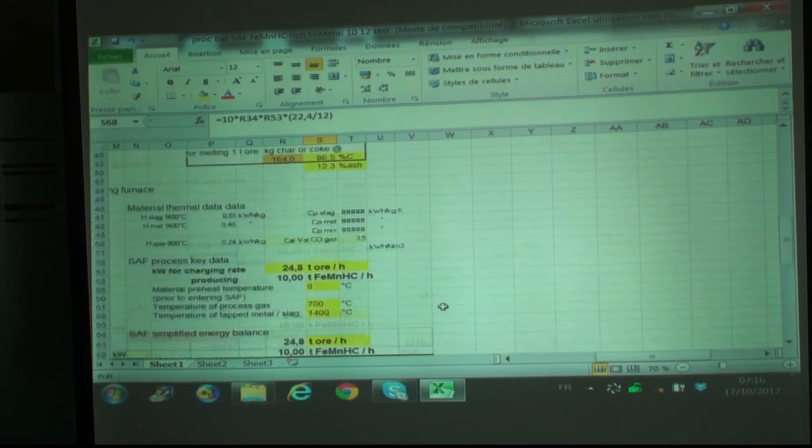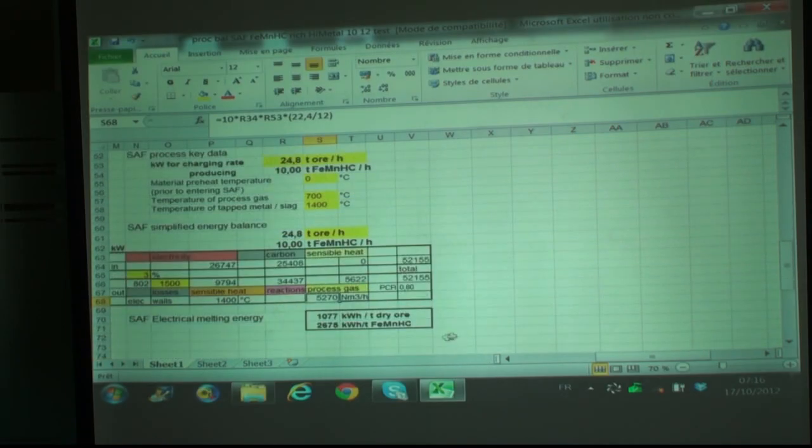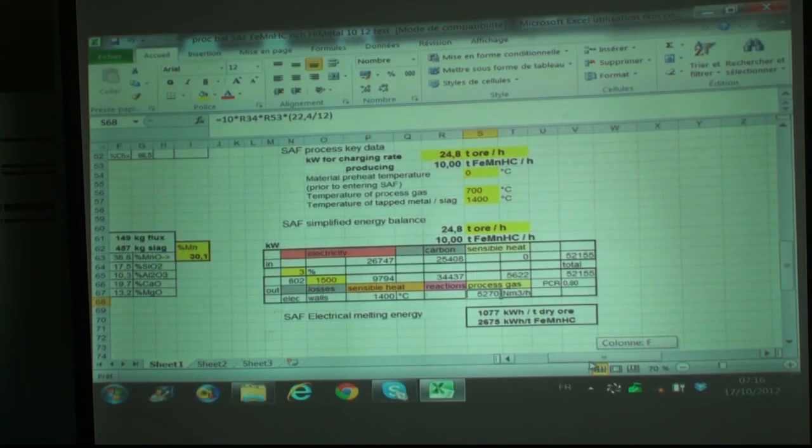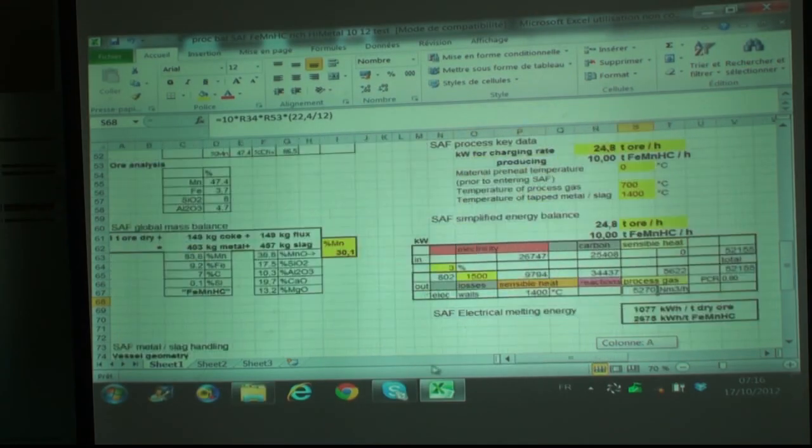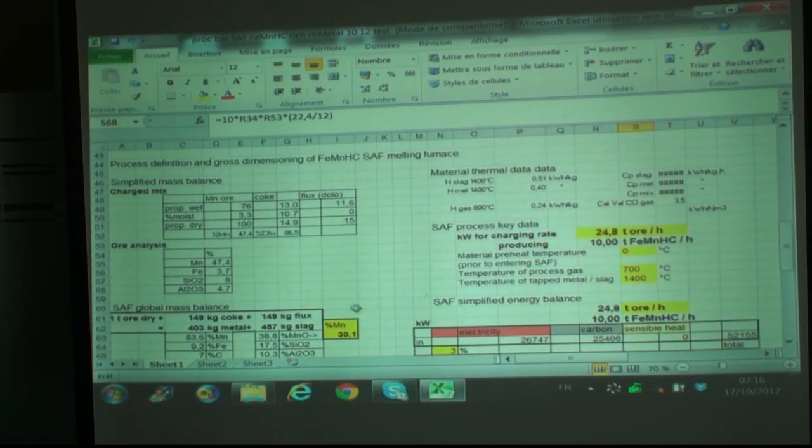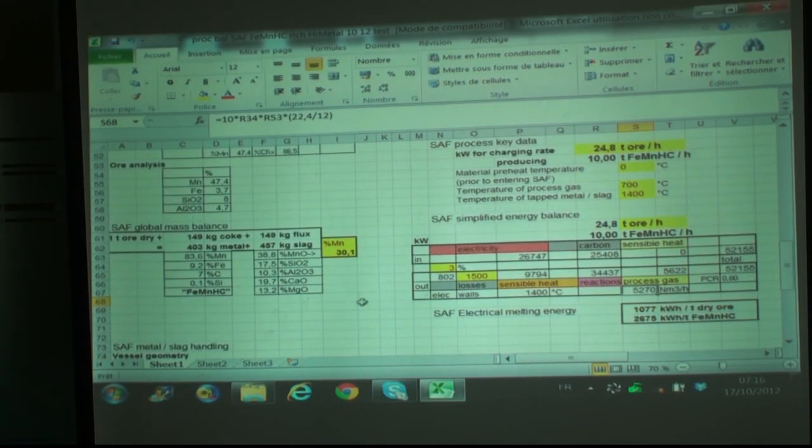So, when we move to the energy balance, you have seen that here we have this, just recalling the mass balance in front of the energy balance, but it's the same.